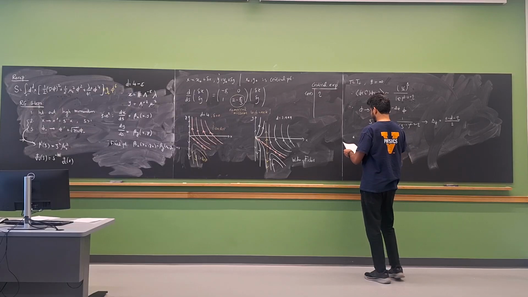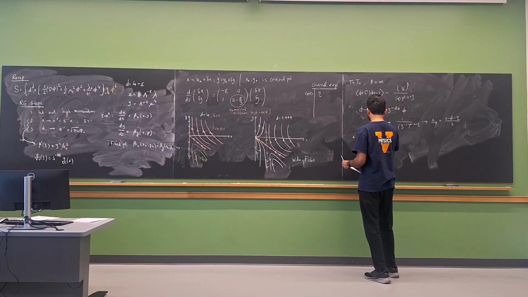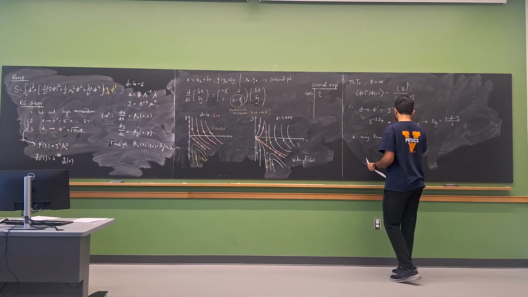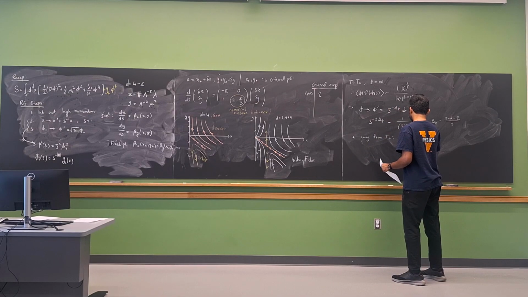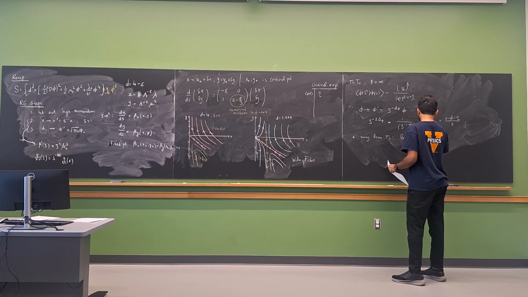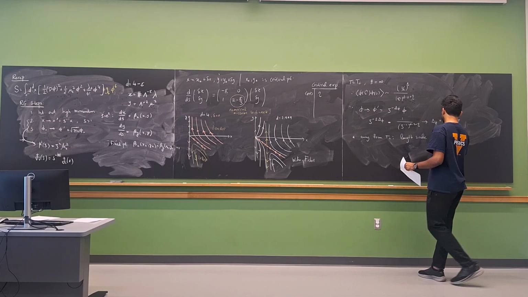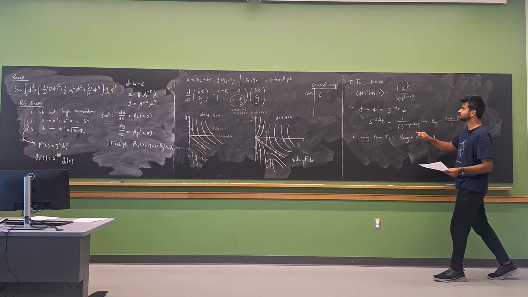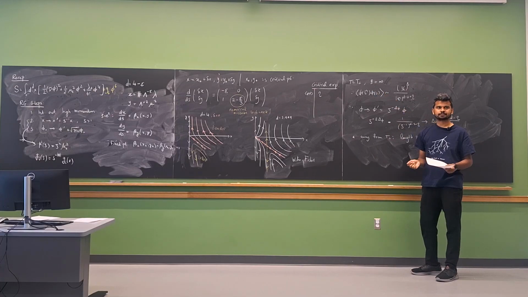So away from Tc, length scale xi. And at the critical point, we must have xi going to infinity.